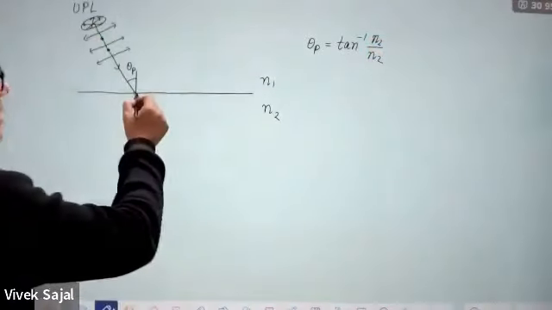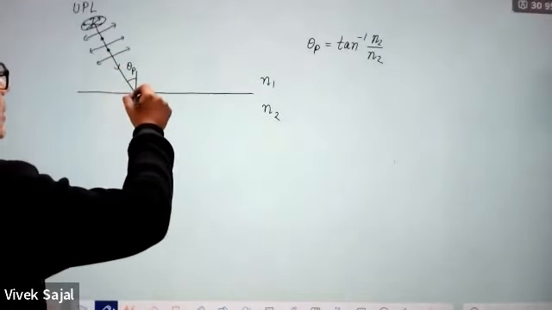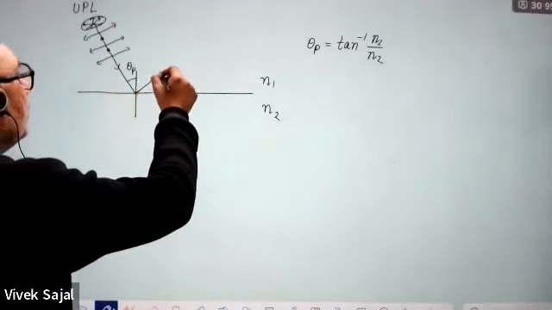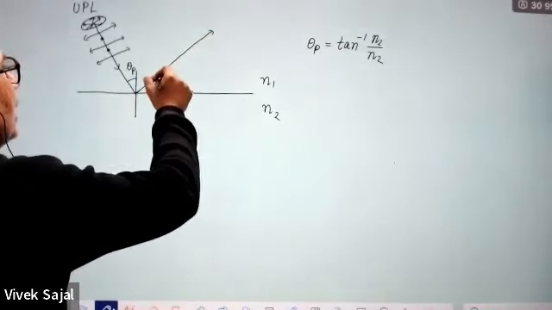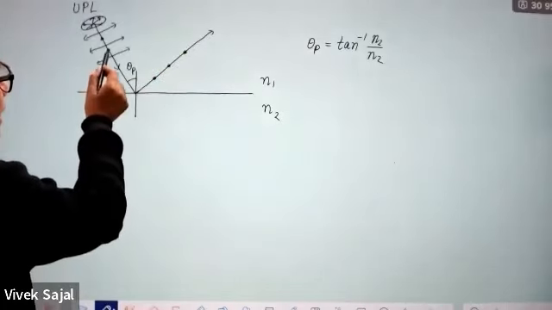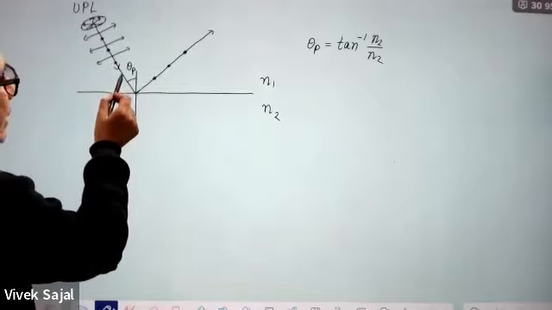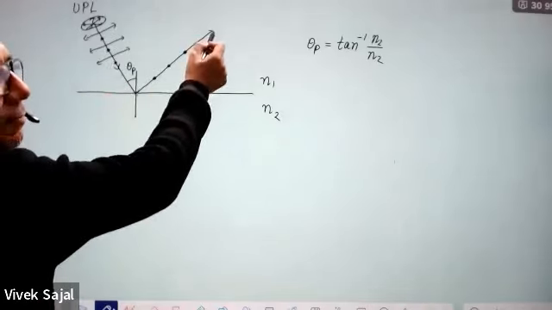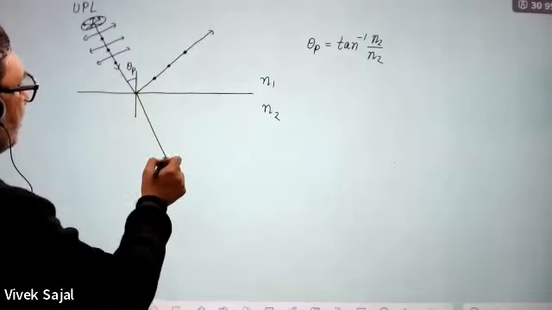In the reflected light, only these dotted components, which are perpendicular to the plane of incidence, will be present. The angle is the same, so try to understand. Okay, in the reflected light, if you consider the reflection of these dots, then these dots will be present in the reflected light, and these dots will be present in the transmitted light.